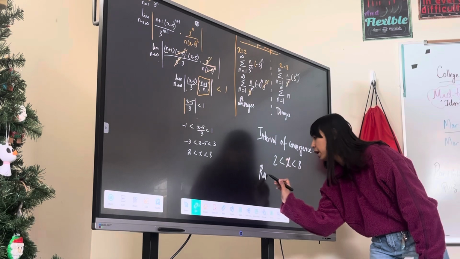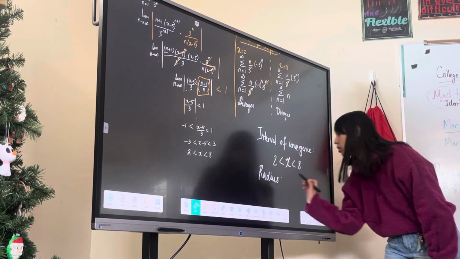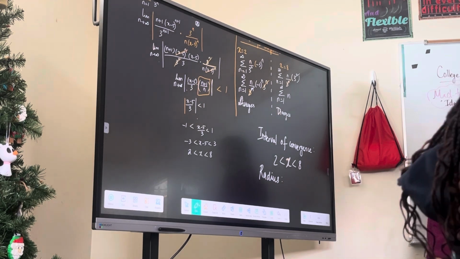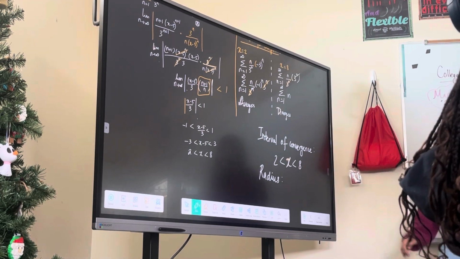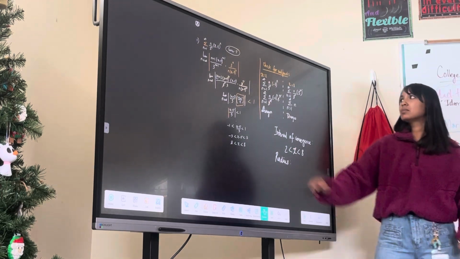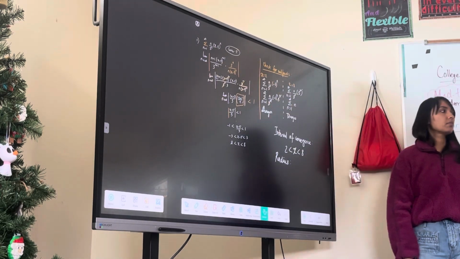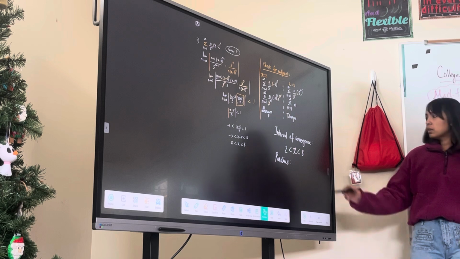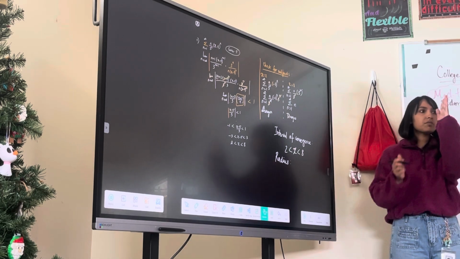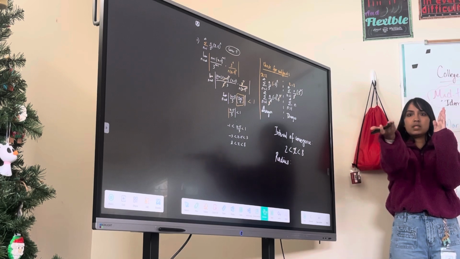So what about the radius then? What's the radius of convergence? From the center. What's the center? 5, and the endpoint is 2 or 8, either way. Center is 5, endpoints 2 and 8. What's the radius? 3.